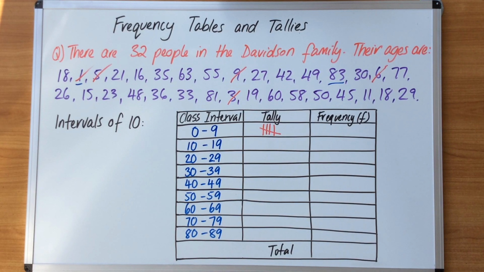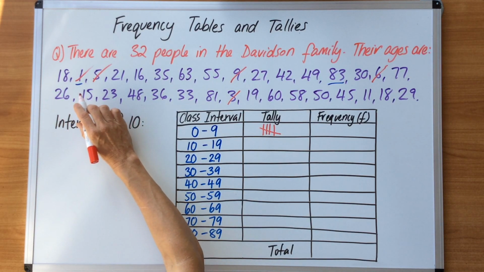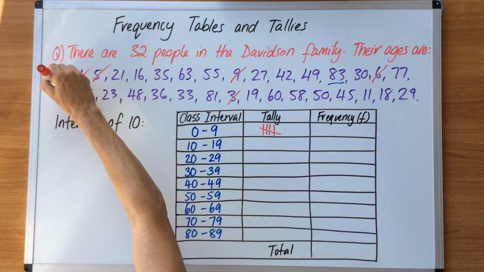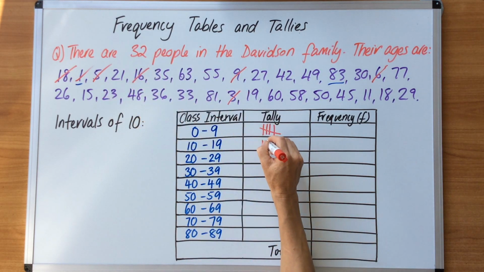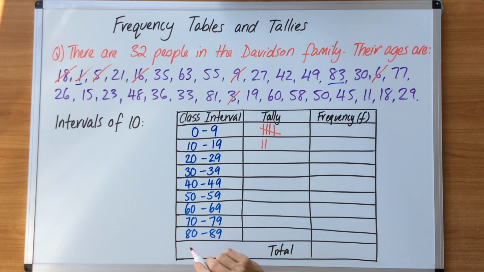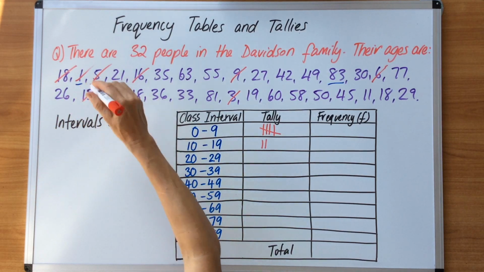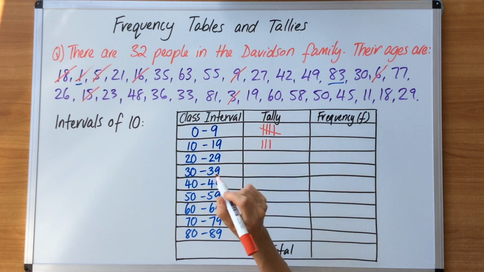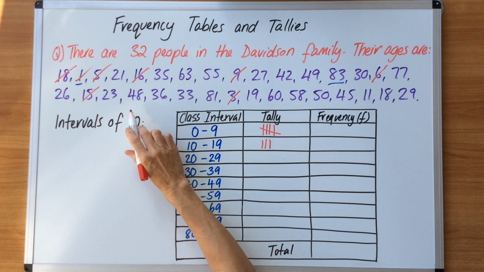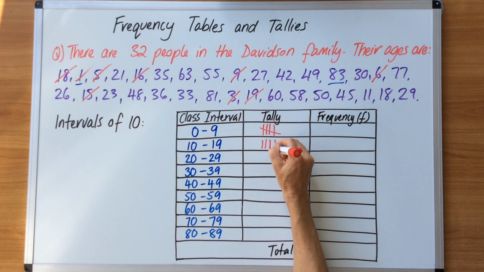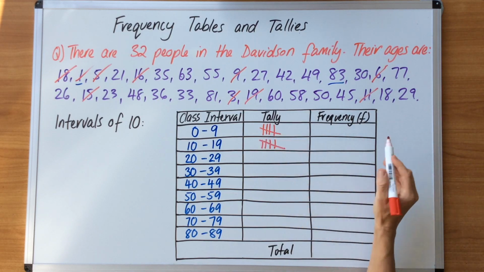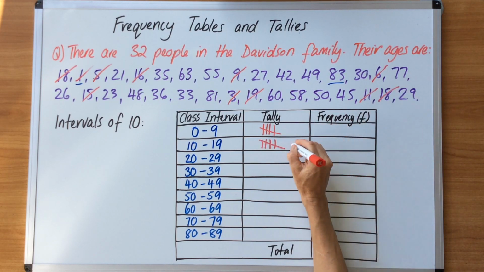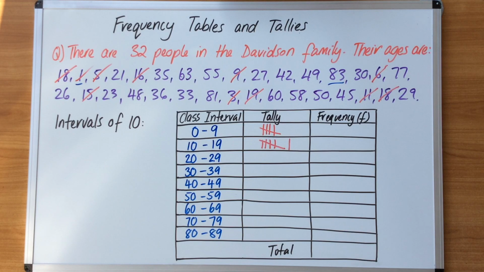The next one is between 10 and 19. So we go through and look for numbers between 10 and 19. 1, 2, 3, 4, 5, 6.